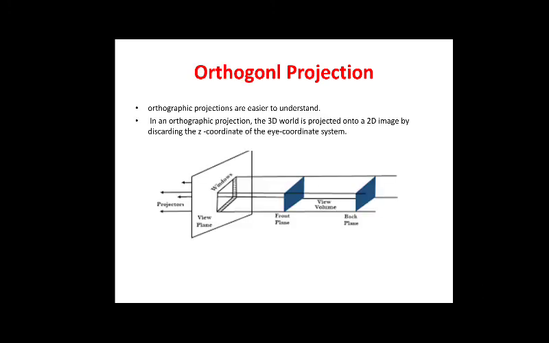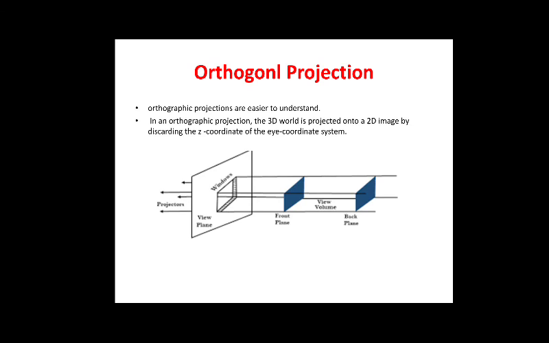If I am applying the orthogonal projection, orthogonal is also called parallel, because you can see all lines are parallel to each other. These projections have no center of projection; we are applying the projection from this window, and after that we are projecting that part onto the 2D plane.